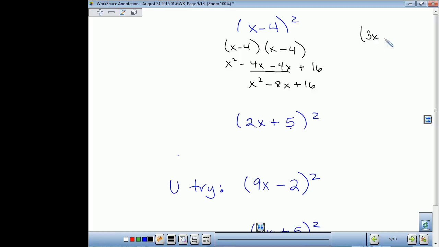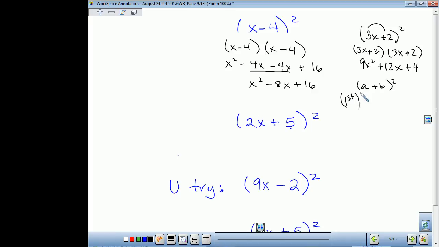Let's say I have 3x plus 2 squared. And I write it out twice: 3x plus 2 times 3x plus 2. And I get 9x squared plus 6x plus 6x is 12x, plus 4. If I did this times this, do you see I get 6x? If I double it, I get 12x. So whenever you square a binomial, what ends up happening is you take that first term and square it.